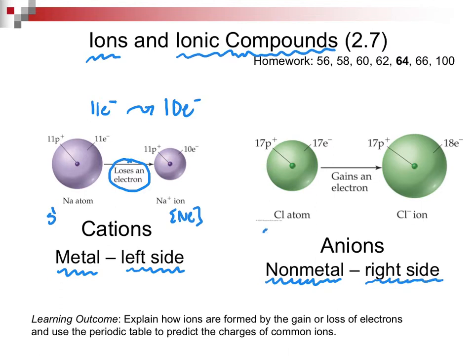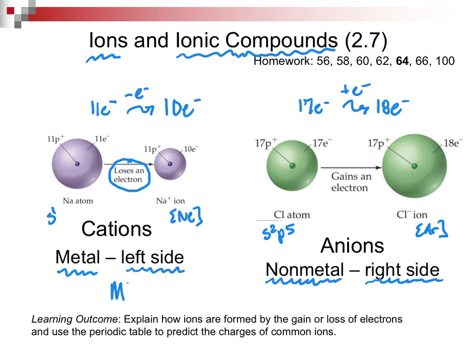A chlorine atom is an S2P5. When chlorine has its 17 electrons, it is going to add an electron and have 18 electrons. It is now going to have the electron configuration of argon.